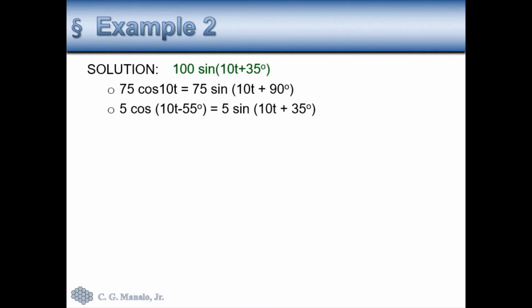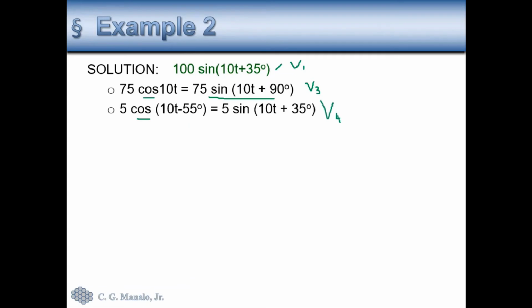For the next two examples, since they are expressed in cosine, we express them first in sine. So these are our sinusoids that need to be compared. And if we draw that, this is v sub 1, and let's say we call this v sub 3, and this is v sub 4 here.